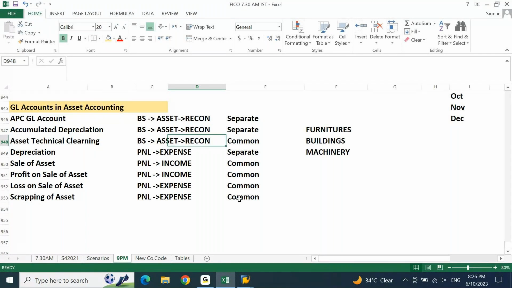Because the technical clearing account will have zero balance at every given point of time. That's a dummy posting. When we are purchasing the asset, we will understand how postings are going into this technical clearing account and why this is used. We will practically see it when we are posting the asset acquisition or purchase.